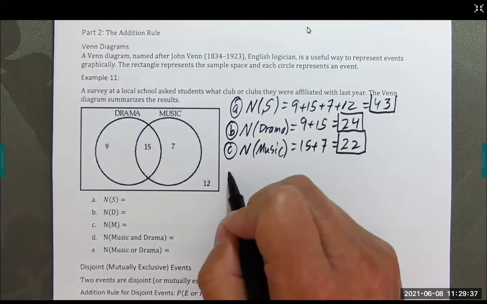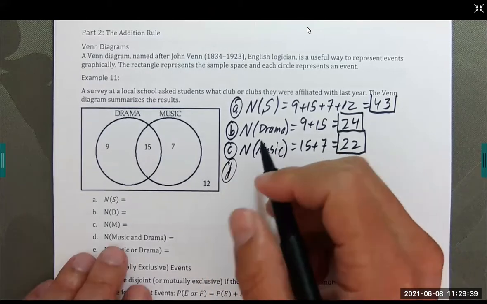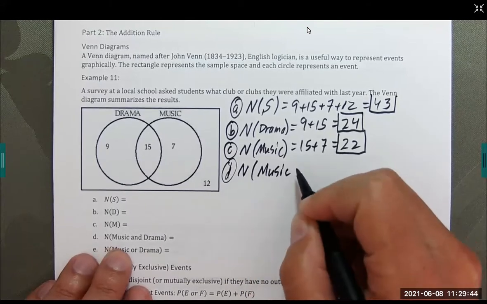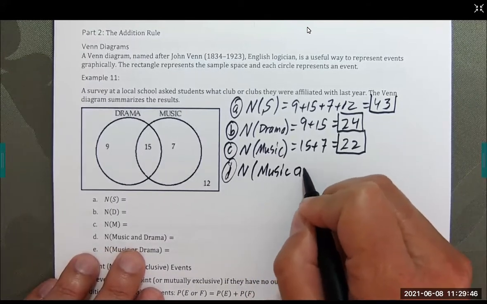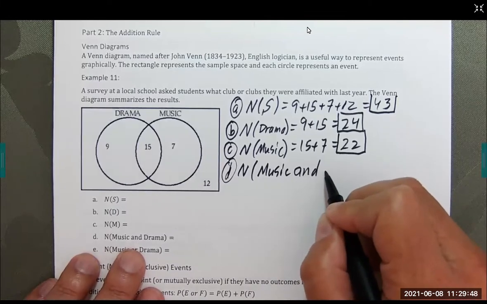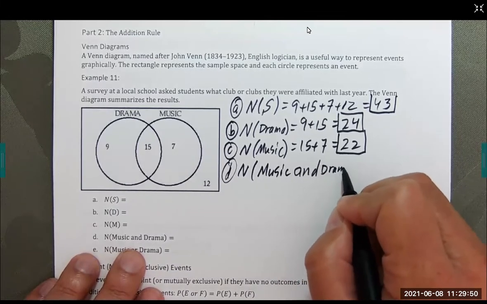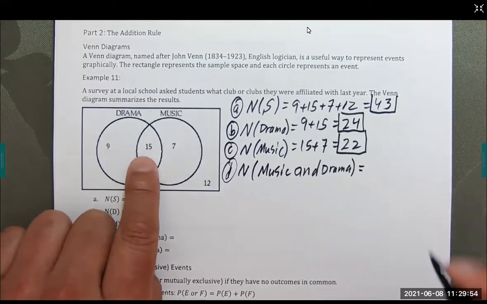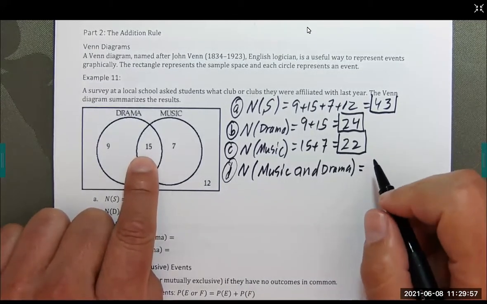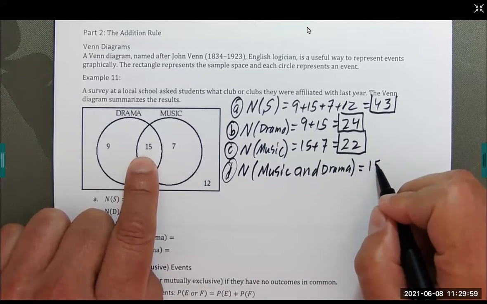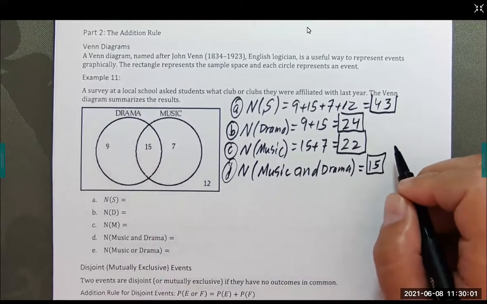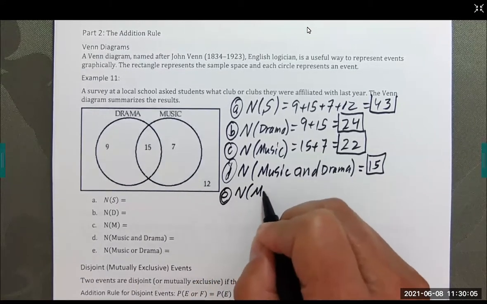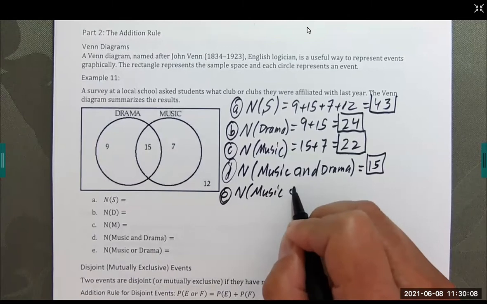Part D says, the number of students in the music, and this is a big one, and the drama. Music and the drama, that's going to be the 15. Part E says number of music or drama.